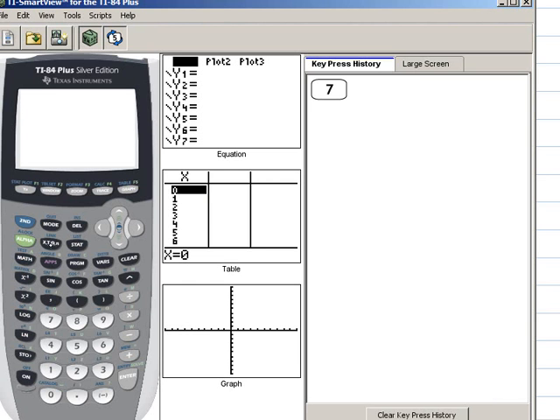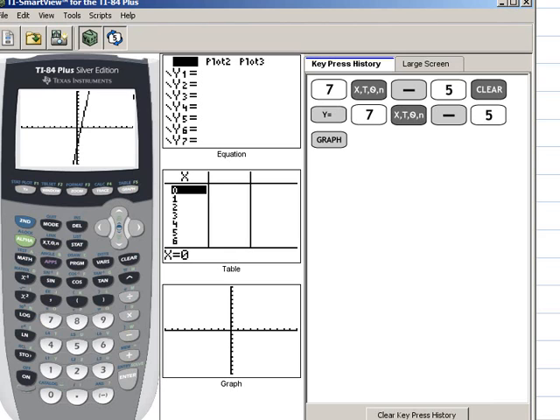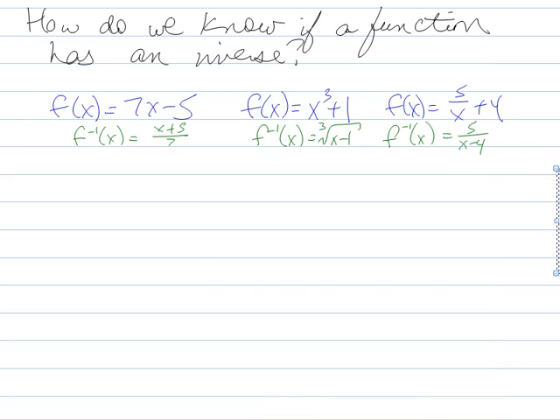So we have 7x minus 5. We'll graph it. So it graphs like a line, right? I figured out how to do this. I was super proud. So this is my graph of that, so you can sketch that in.